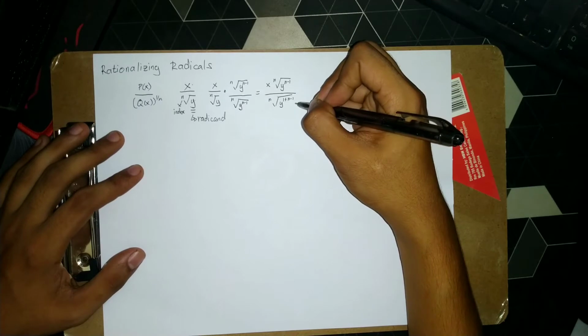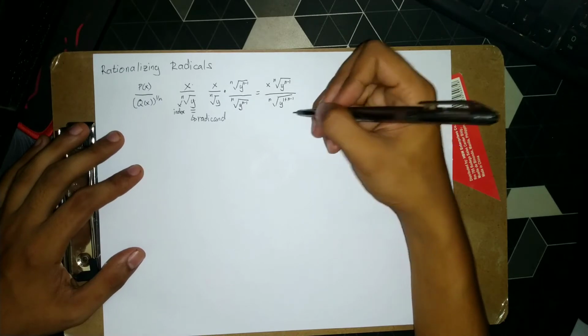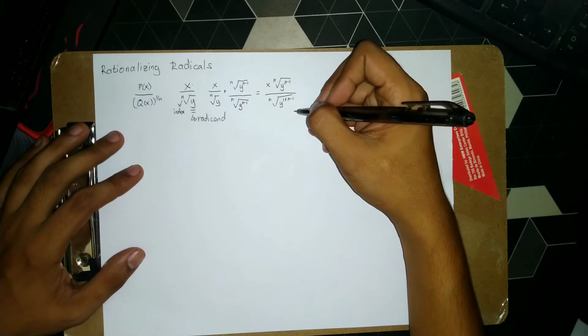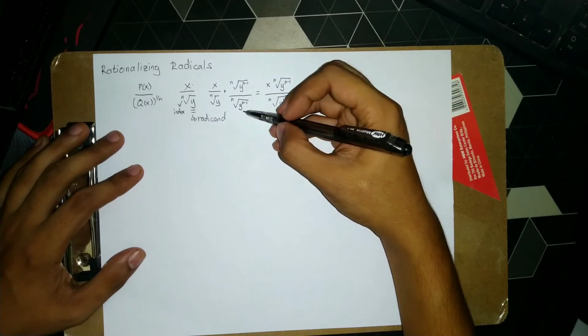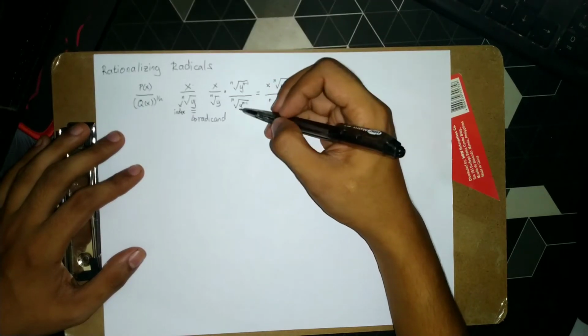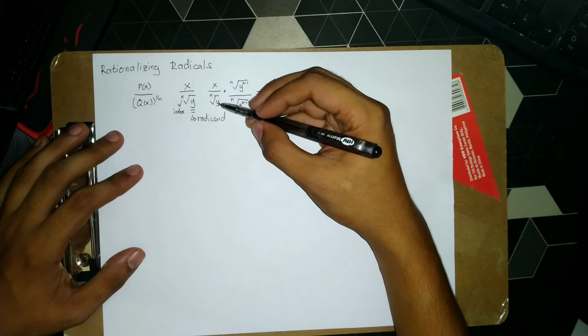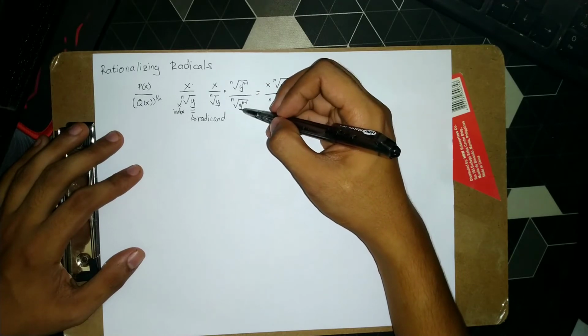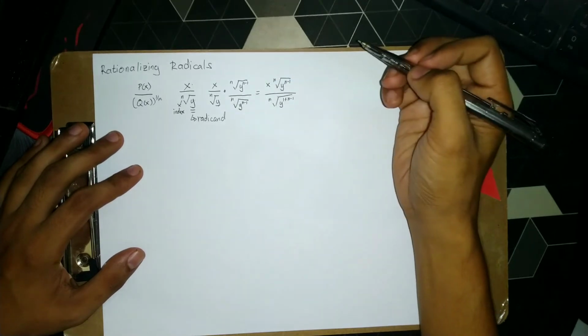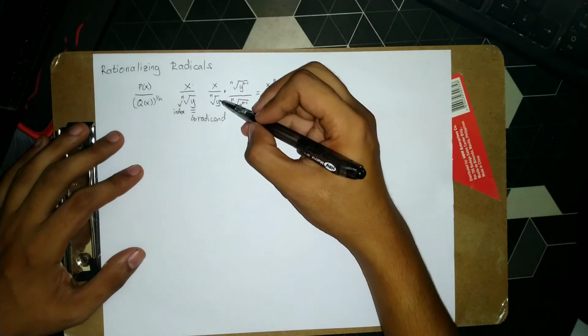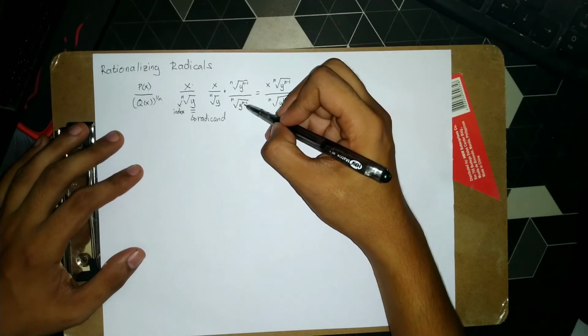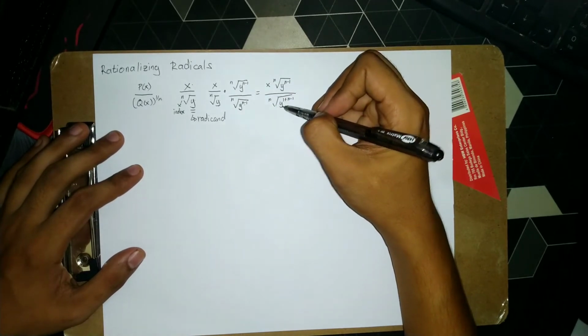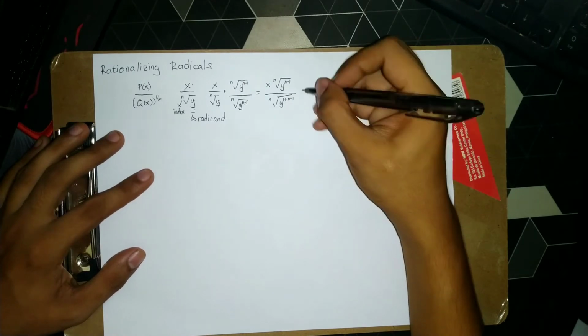Recall the property of exponents, or the laws of exponents. When you multiply expressions with the same base, you add the exponents. So the exponent here is 1, the exponent here is n minus 1, y raised to 1 plus n minus 1.